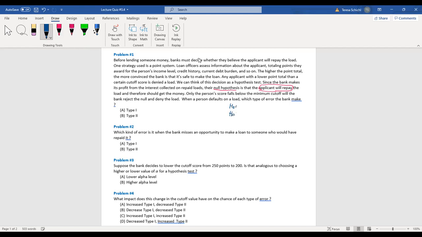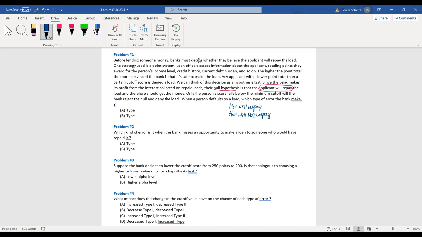So write it out: H0, the null hypothesis, is they will repay. The alternative hypothesis is they will not repay, which means they will default on the loan. So this is your hypothesis.